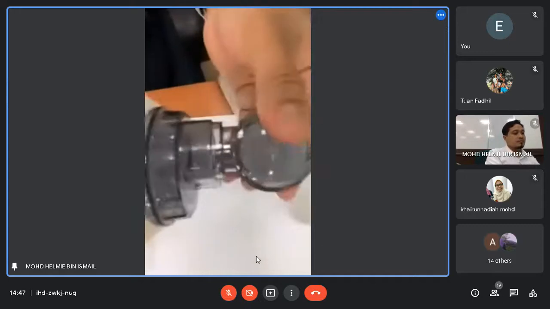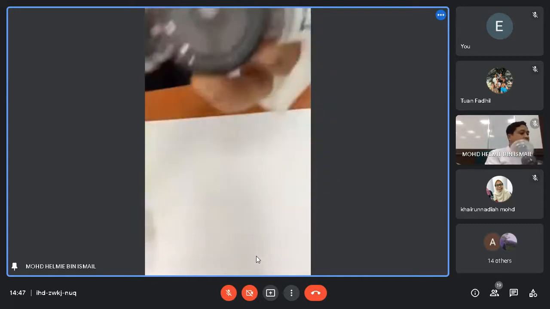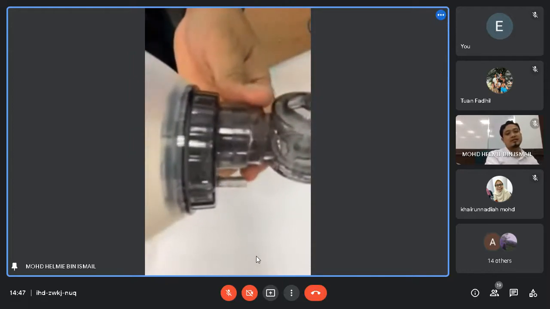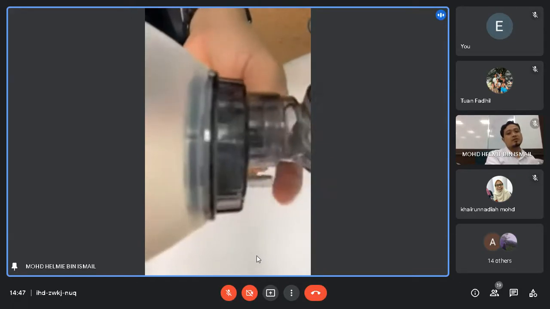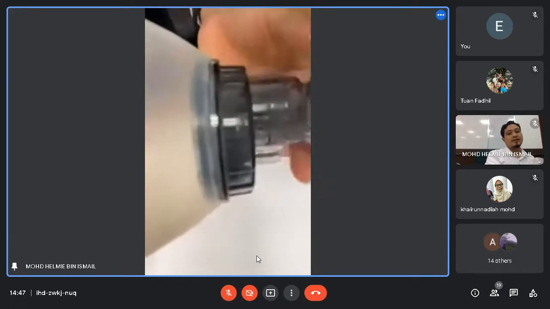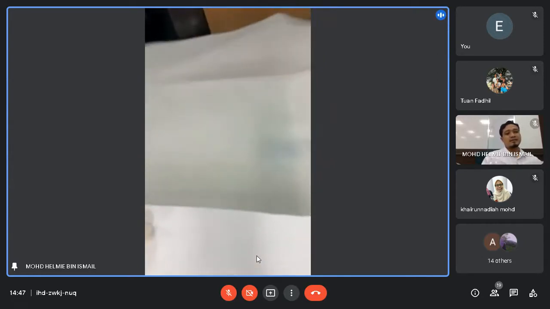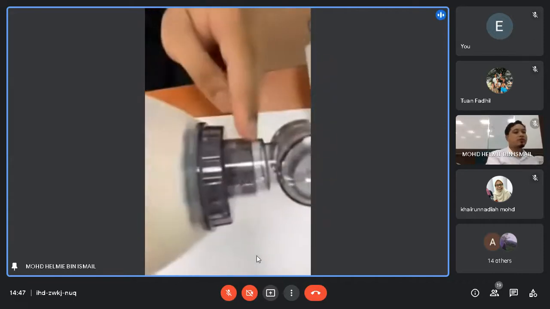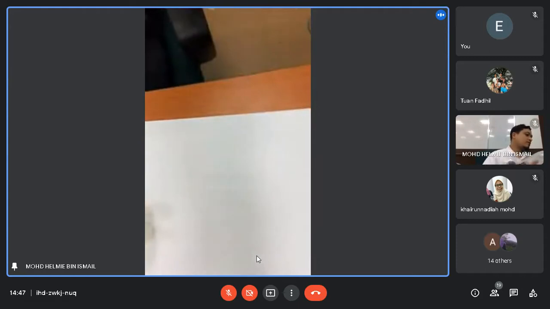Yang ni tak ada function apa-apa kecuali dekat sini lah. Kat sini ada oxygen connector. You need to connect the oxygen supply through this one. Alright. And then after that, dia punya reservoir dia akan kembang lah kat sini, expand. And then this one is a one-way valve.